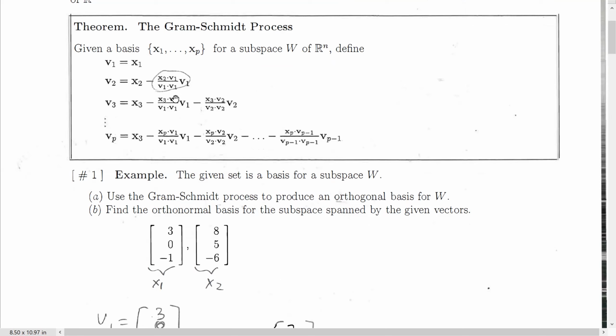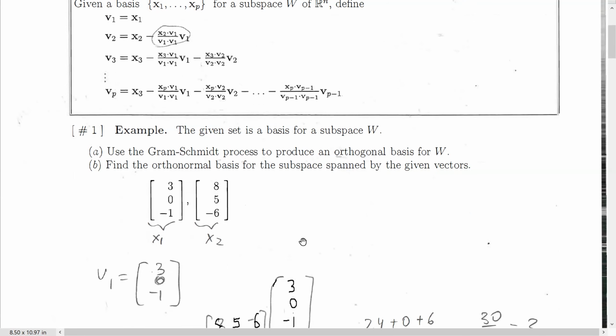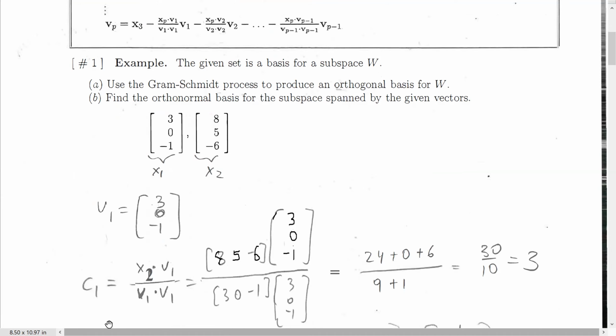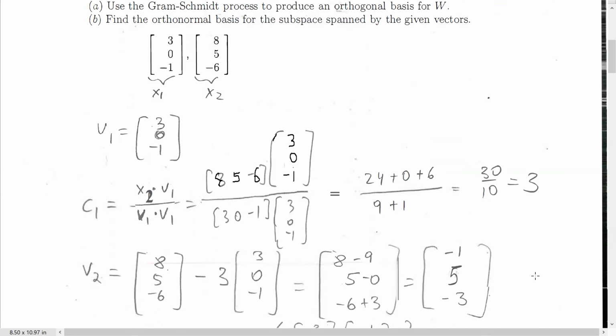And now for the v2 vector, first I'm going to calculate the projection and then I'm going to subtract. So first I calculate this scalar, which is x2 dot product v1 over v1 dot product v1. So this is my scalar c1.